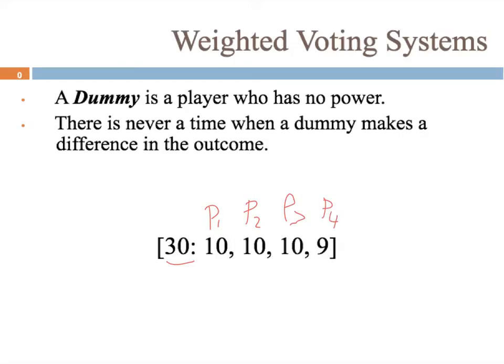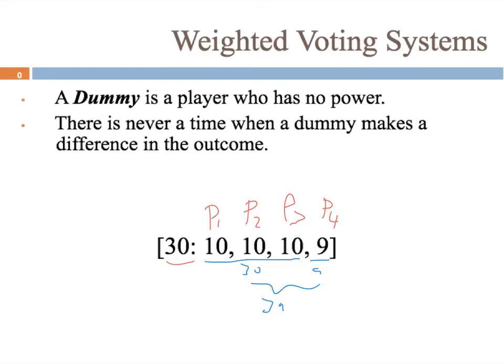If player 1 and 2 vote yes, but the others don't, that's not enough. But if player 1, 2, and 3 vote yes, that's enough to pass the motion. Yet this is the only way it can be passed, other than, well, if we do add player 4. So there's another 9, making that 39. So yeah, we could add player 4 to vote yes, but it doesn't really make a difference.